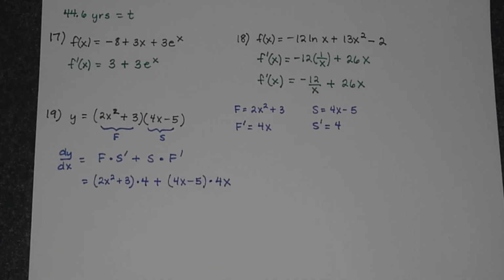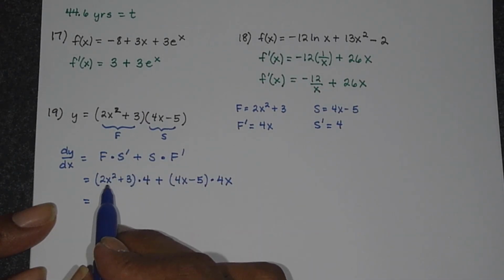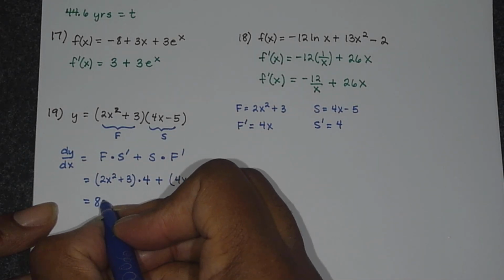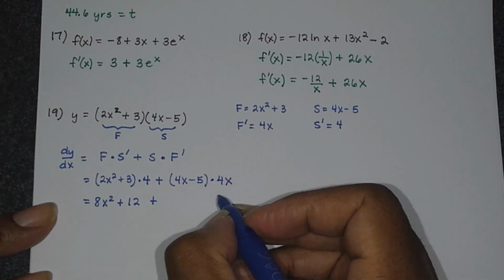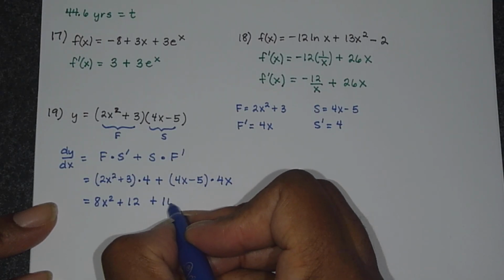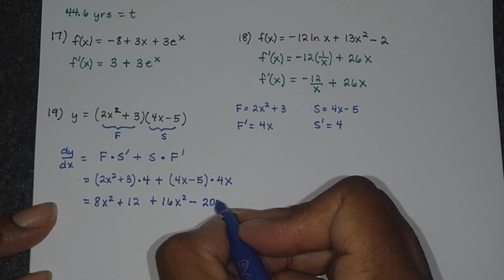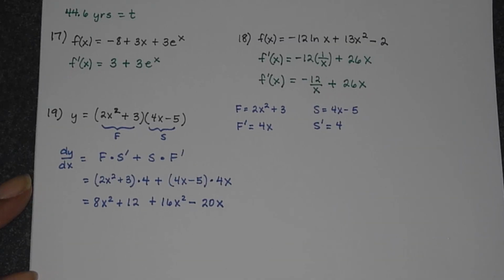Now we need to do some algebra here. Distribute the 4 over the 2x squared plus 3, you're going to get 8x squared plus 12. Then distribute the 4x over the 4x minus 5, you're going to get 16x squared minus 20x.